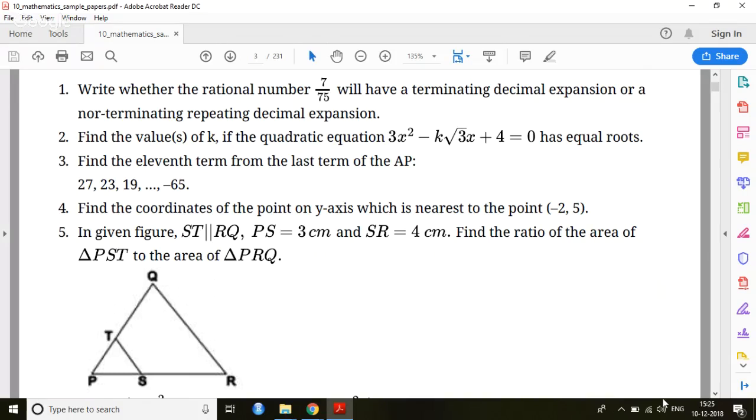You have to solve the first 6 questions. You can see 5 questions on your screen. After 2-3 minutes, I'll scroll down so that you can see the sixth question.